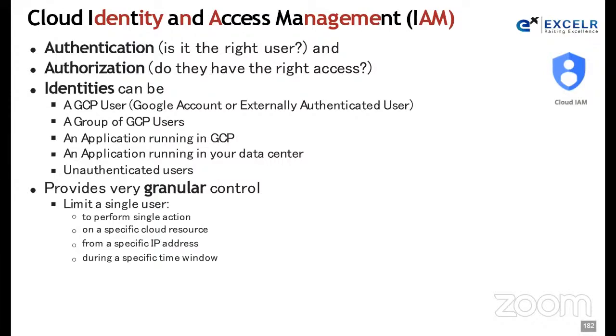It can be limited to a particular user performing specific actions, from a specific IP address, or on a specific cloud resource. You can also do granular control based upon a time window, so that your user can access that resource only at a particular time. This is also possible by using IAM.